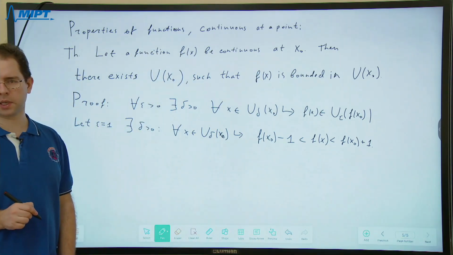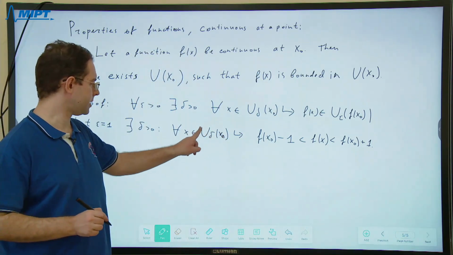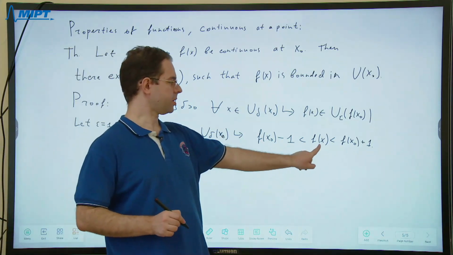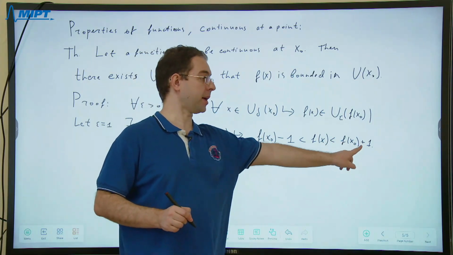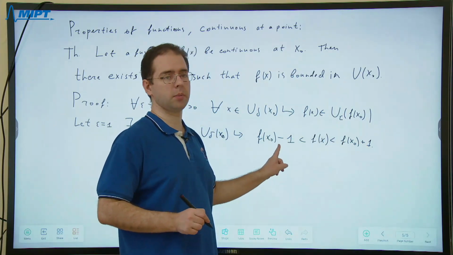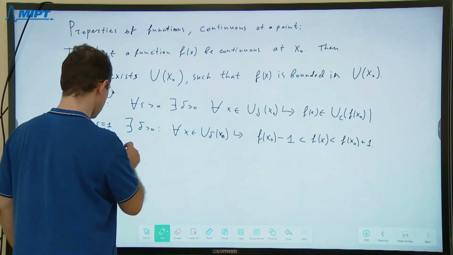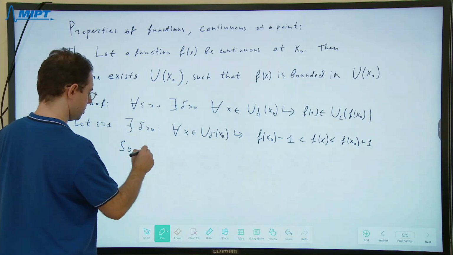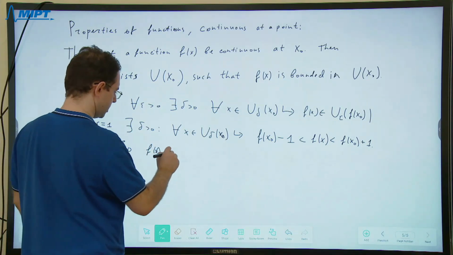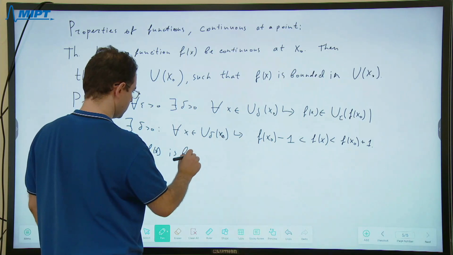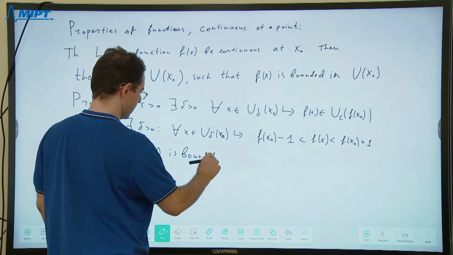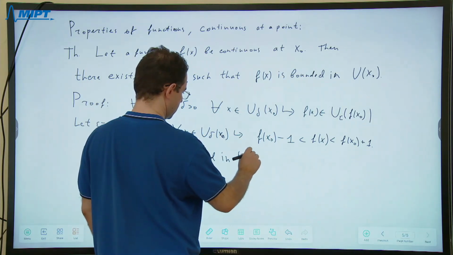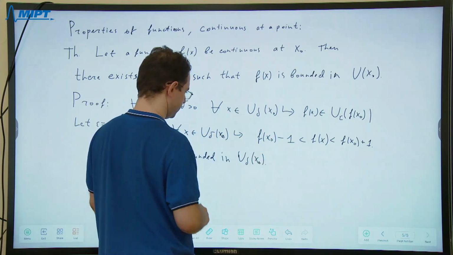But this basically means that this neighborhood of x0 is such that function f of x is bounded above by this number and bounded below by this number. So this is the neighborhood in question. So f of x is bounded in this delta neighborhood of x0. End of proof.